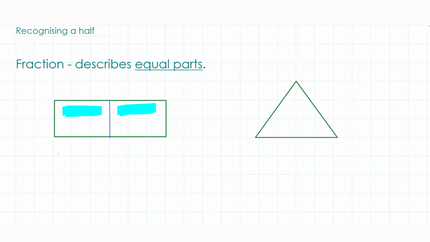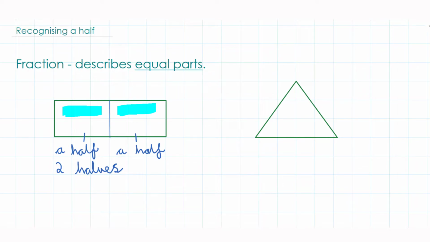Now, when you split a whole up into 2 equal parts, each of those parts is worth a half. So this is a half, and also this is a half. And altogether we say there are 2 halves. So 1 half, 2 halves.